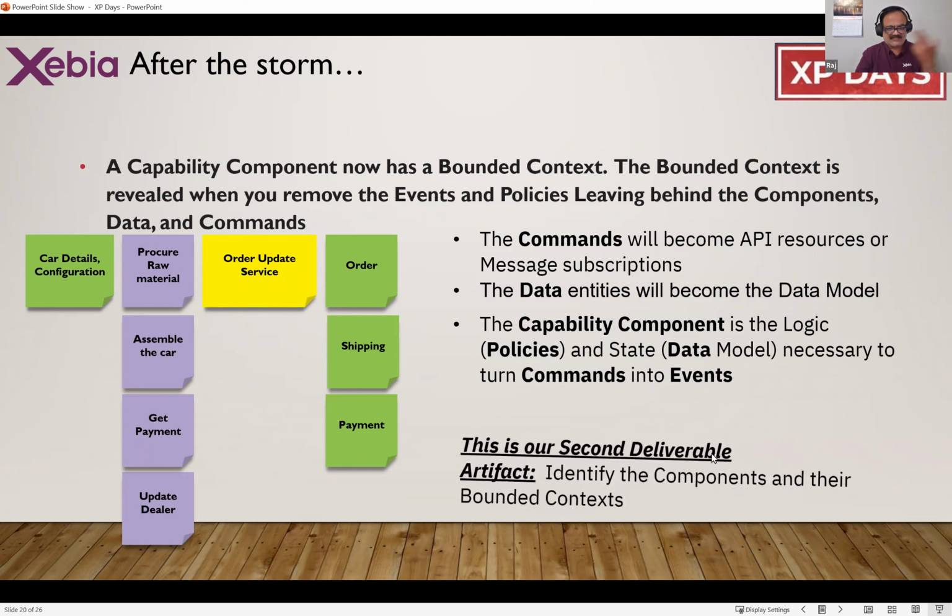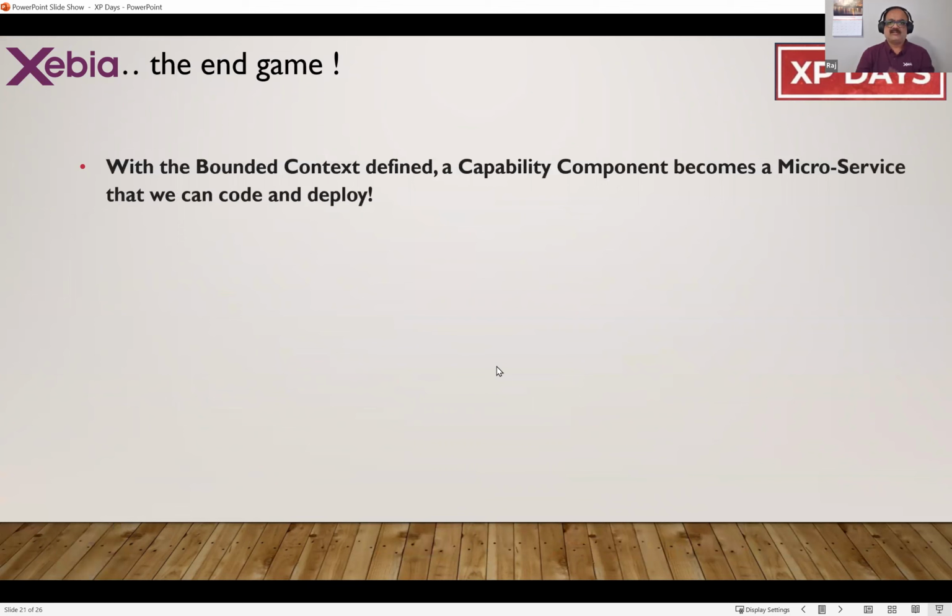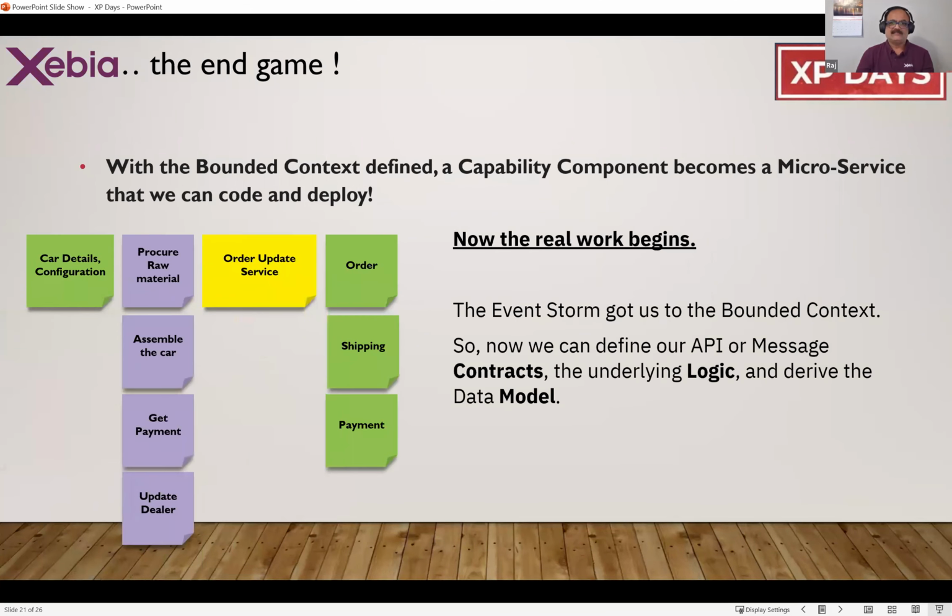Now the second step is you identify the components and the context. Once it is done, now you get into technical practices. You start building the APIs, you start building the logic model, whatever that you are using, and you start re-engineering your services. That's what you do.